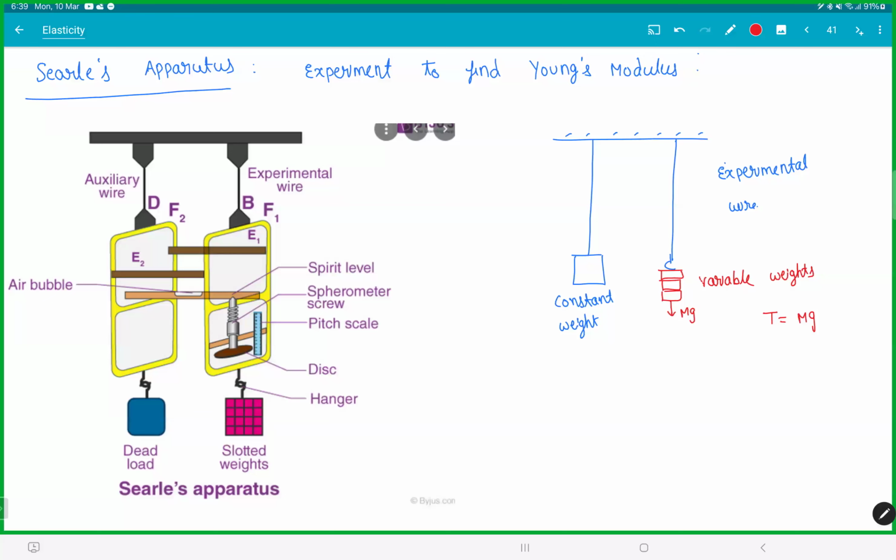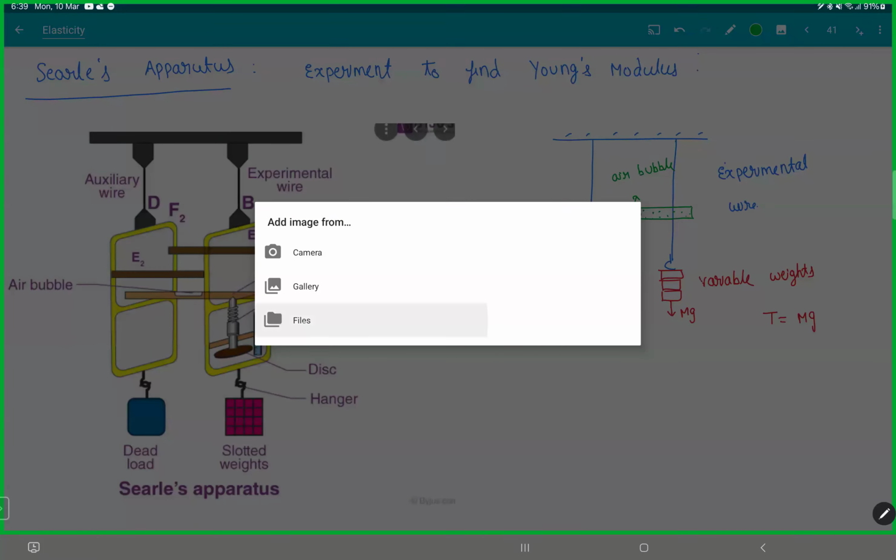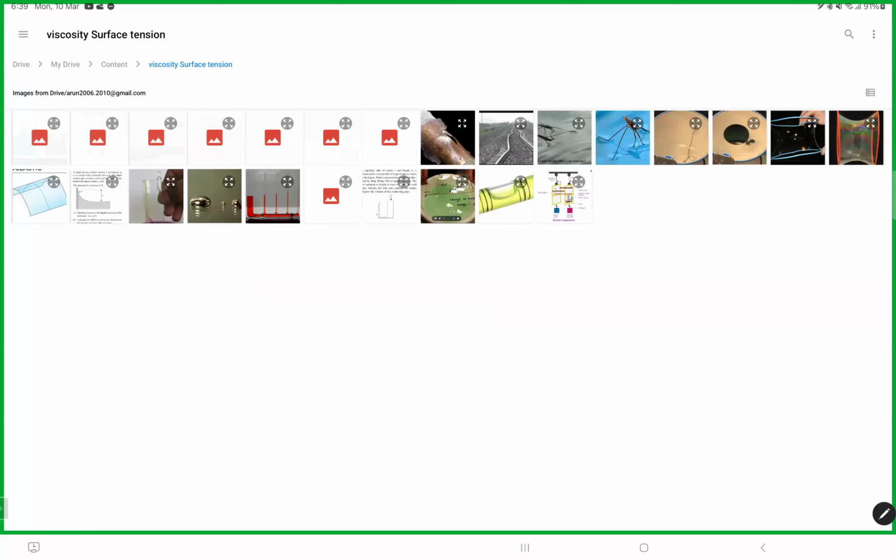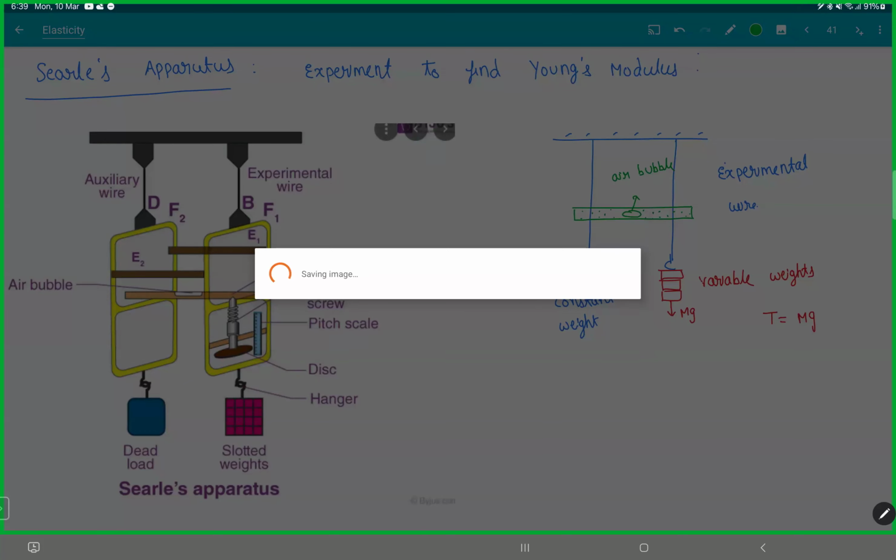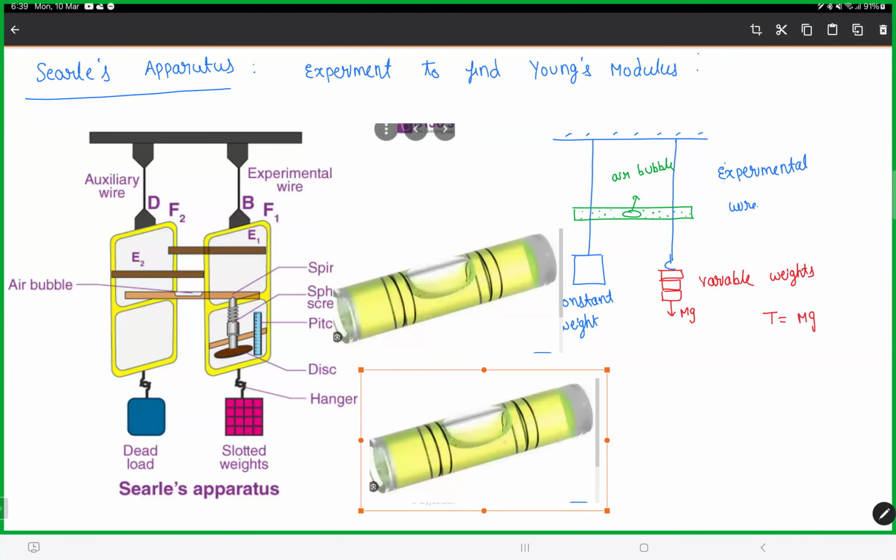Fair enough. Then what we do, we keep something called a spirit bubble. We have something like this filled with liquid, and a small air bubble inside. If you have ever seen this, under construction, masons use this to make sure the wall or something is flat. It would look something like this. Ever seen something like this?